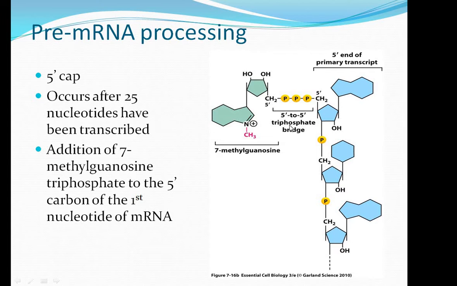It is a modified nucleotide, added in a kind of upside down, reverse configuration, to the 5' carbon of the very first nucleotide of the mRNA. The 5' cap actually gets added almost immediately once the mRNA is made, after 25 nucleotides have been transcribed. Then immediately the 5' cap gets attached with methylguanosine triphosphate.